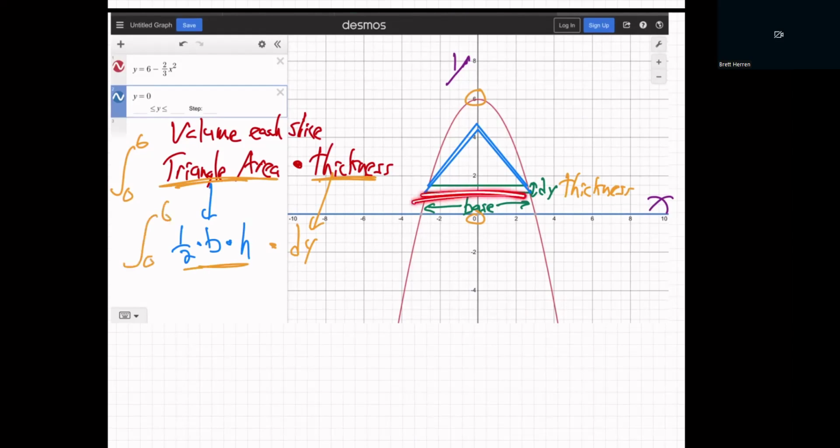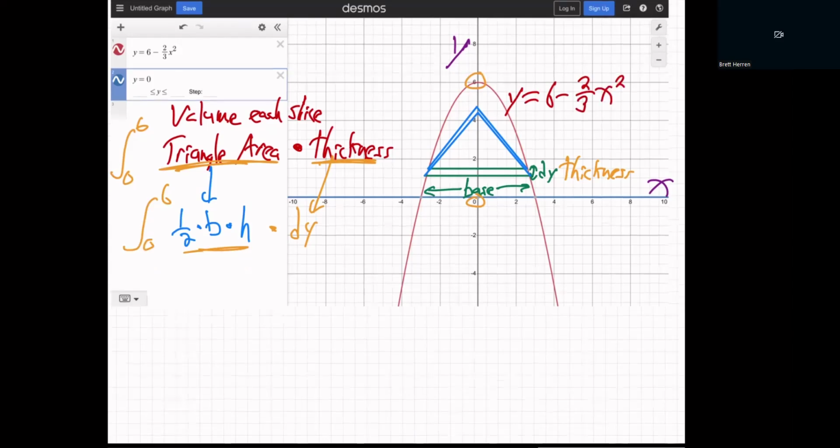Well, here we have the base. How are we going to figure that out? Whenever you're on any graph, like here we got this graph, I'm going to write the equation of this graph right here for us, just so we can be clear. This is y equals 6 minus 2/3 x squared. Anytime you're at any spot, when you go from the middle to the graph, that's called x, right?